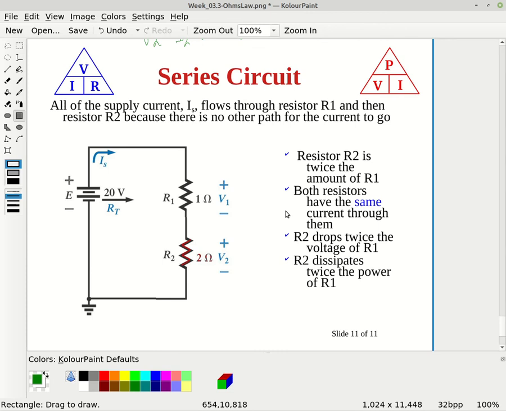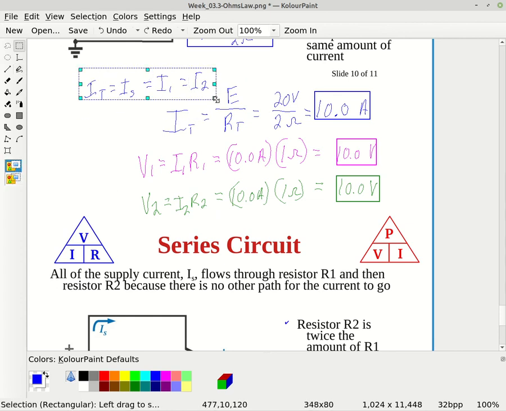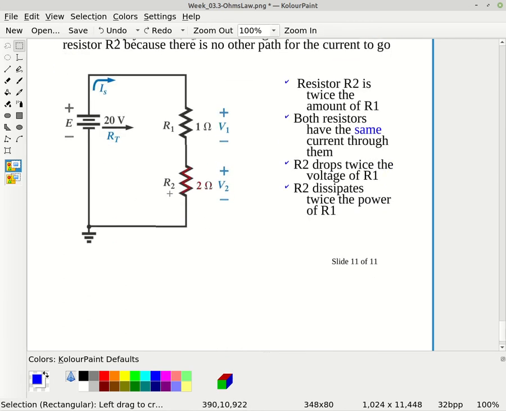Alright, so let's look at maybe just a slightly more complicated circuit. So this here is still a series circuit. And so we still have the same current everywhere, because it's a series circuit.